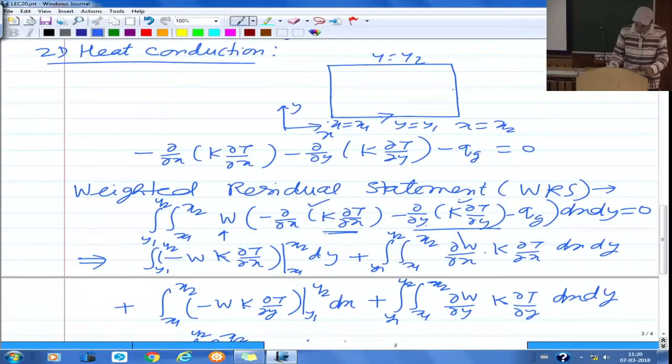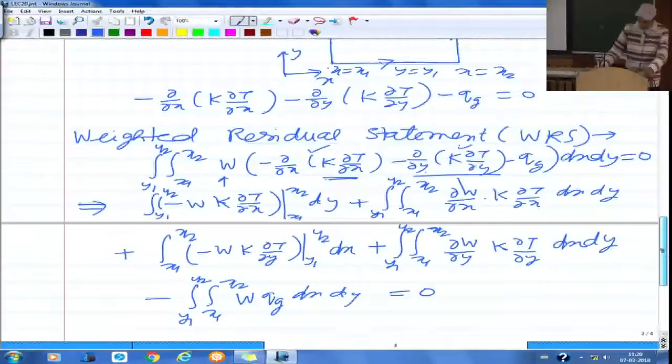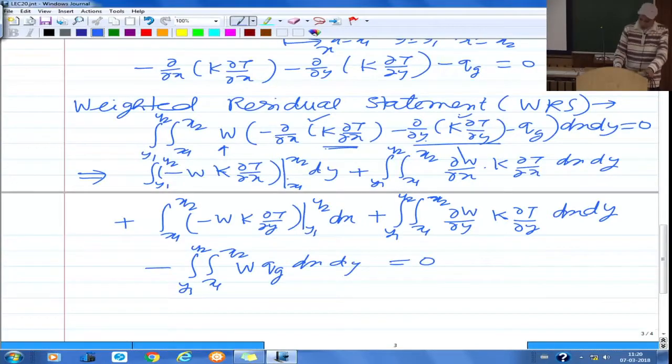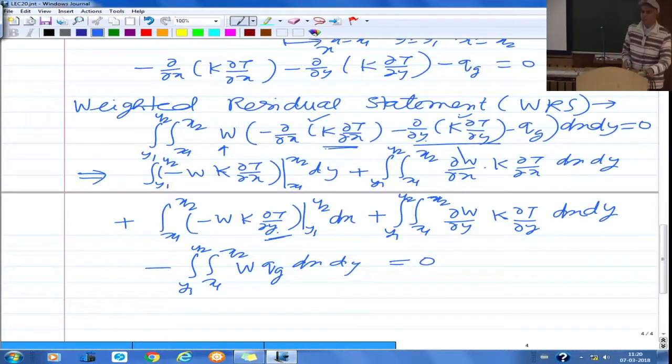So from here to here, then from here to here, and then from here to here, and then from here to here. Because if you look at all of these, there are two boundary terms, and these are also two boundary terms, the second one here, and they are covering all the four boundaries of the domain. So what I can do is represent that by a kind of a boundary integral term, which is covering the entire closed boundary of the domain.